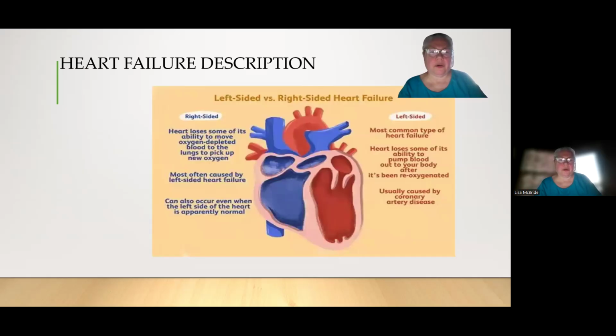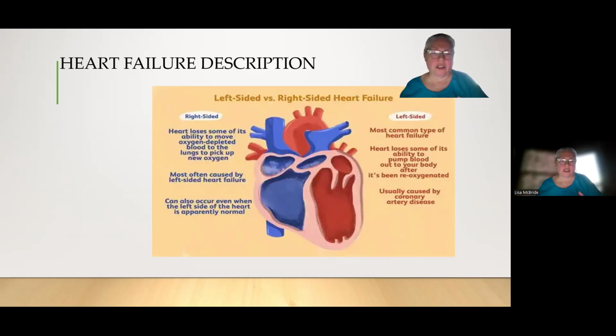So here's another description. There's a difference between left-sided and right-sided. As you can see here, the left ventricle is usually very muscular, but this particular picture shows the walls of the ventricle have been stretched out. The heart is actually increased in size. Left side is the most common type of heart failure. The heart loses some of its ability to pump blood out to your body after it's been reoxygenated.